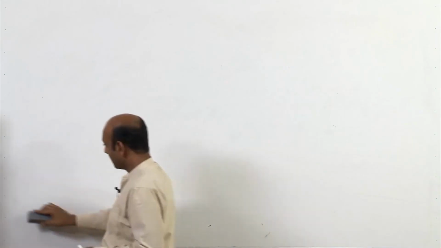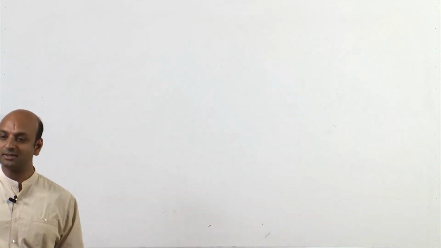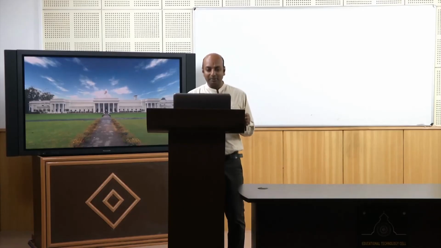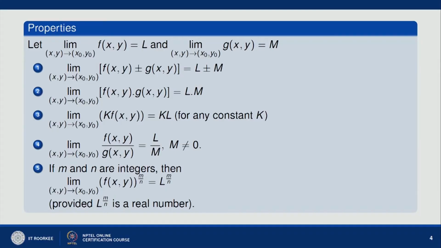Now let us discuss a few examples based on this, so that the concept of limit will be more clear. First, we have some properties of limits. Suppose the limit as (x, y) tends to (x₀, y₀) of f(x, y) is L and the limit of g(x, y) is M. Then the limit of the addition and subtraction of f and g is L ± M. Similarly, for the product of two functions the limit will also be the product.